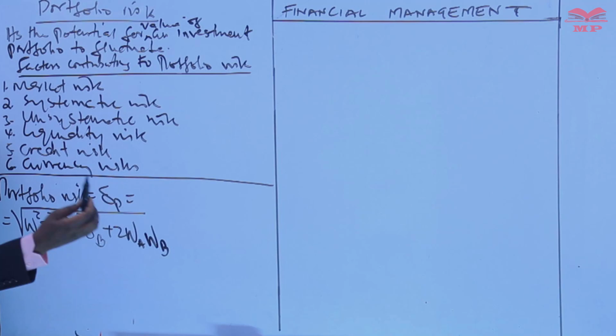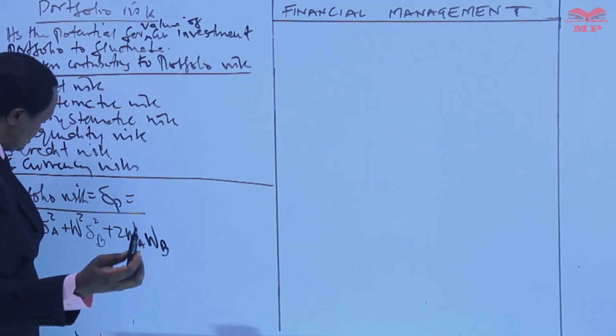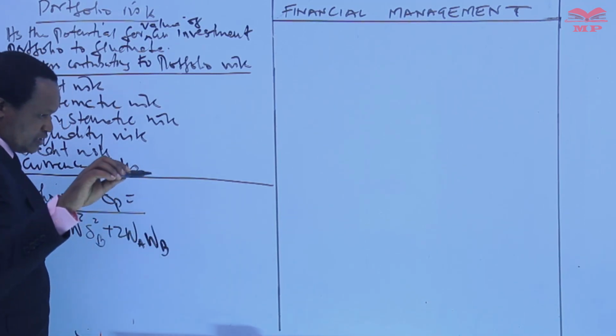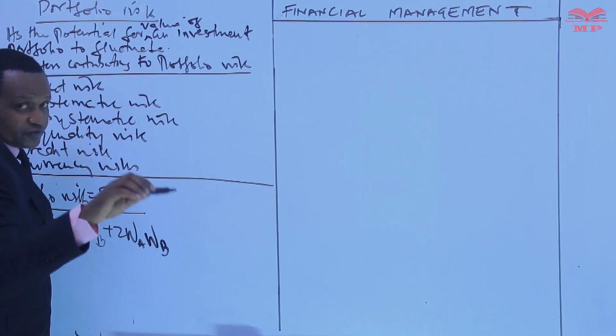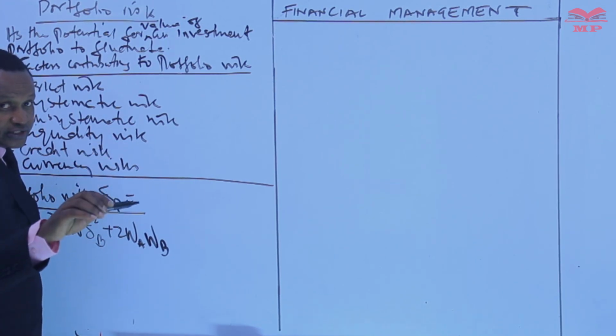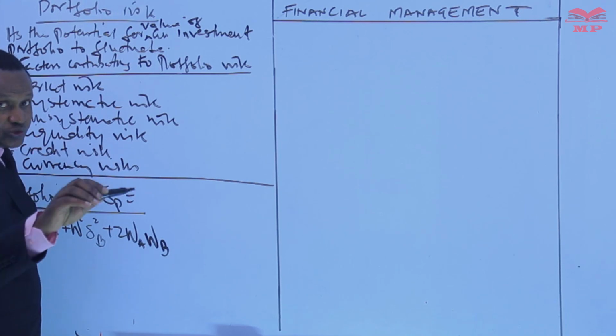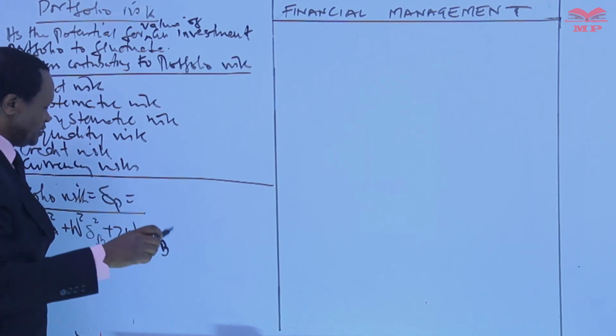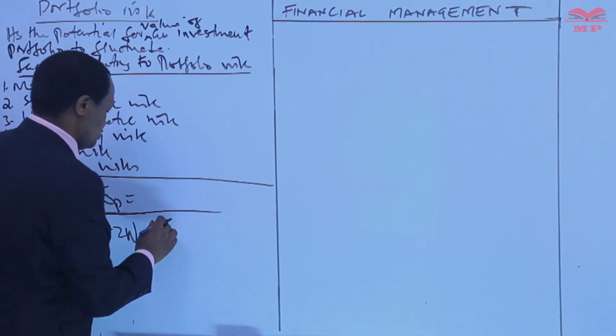And remember, I've just said that portfolio risk is influenced by the correlation between the two assets. How do you calculate the correlation between two assets?